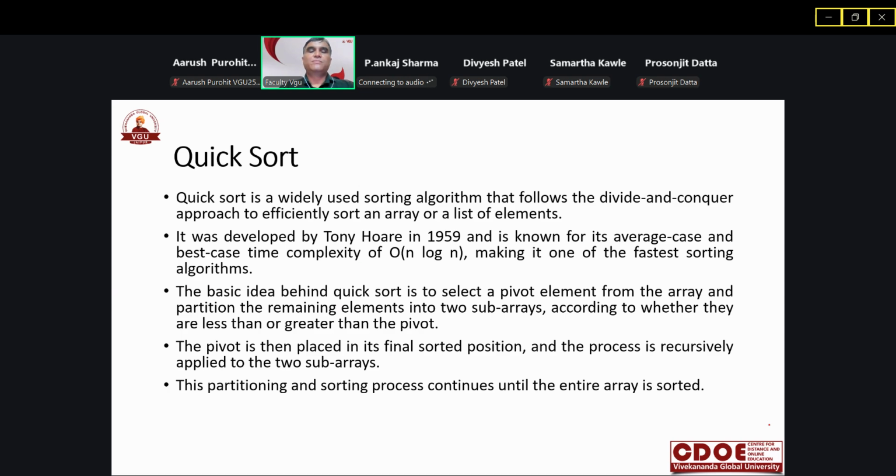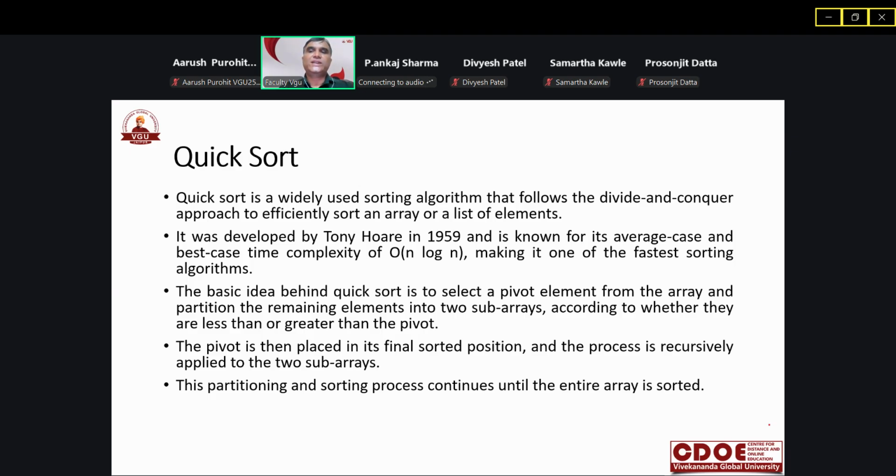It was developed by Tony Hoare in 1959 and is known for its average and best case time complexity, that is order of n log n. This complexity makes it one of the fastest sorting algorithms.